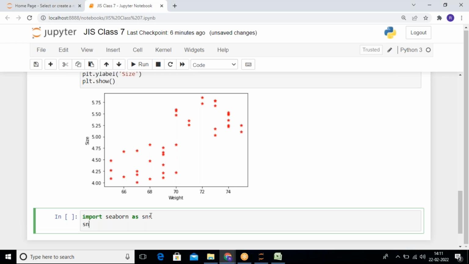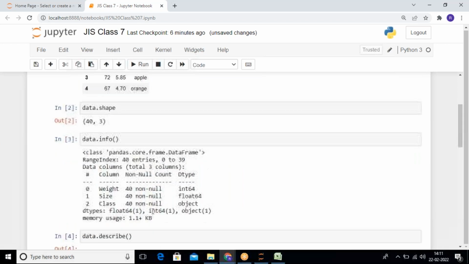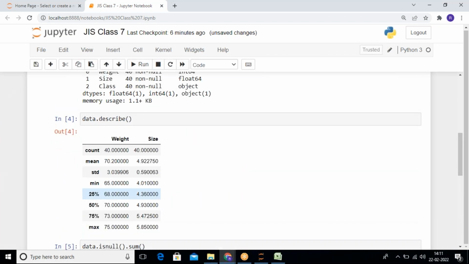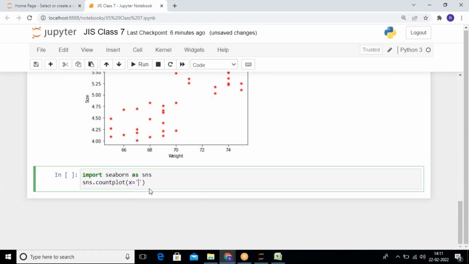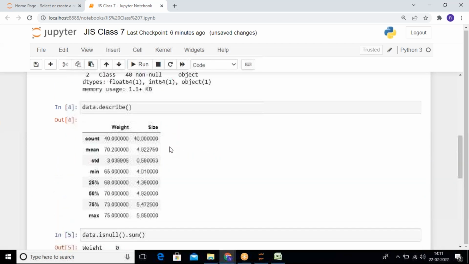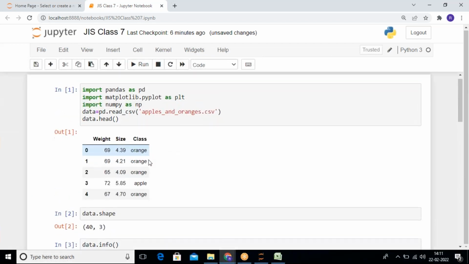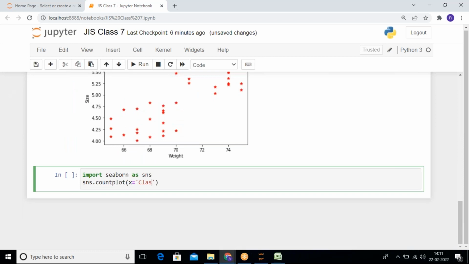Now, sns count plot. Size, weight, class.